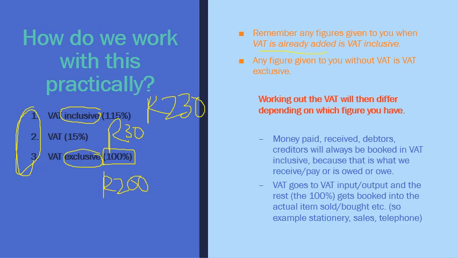Okay, so that is why we need to be able to play around with these 115, 15, and 100%, so that we are able to say, okay, we can move ourselves from 100 to 115 or from 115 to 100 so that I'm able to work out the VAT so that I know how much I owe SARS or how much they owe me. Okay, so working out the VAT will be different because you don't always have the same value.